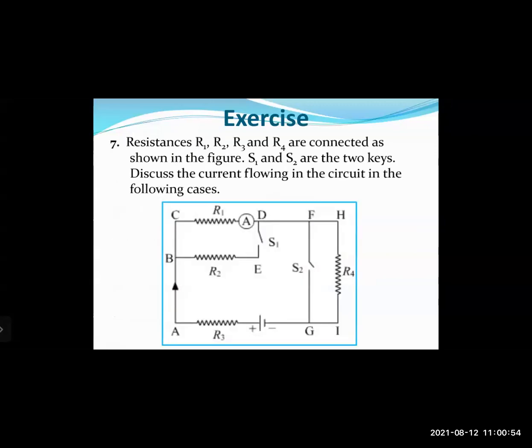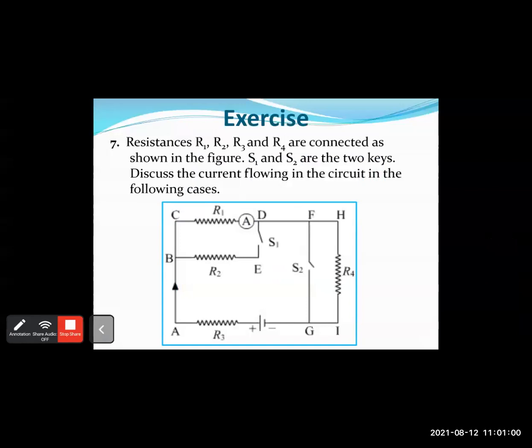Now, this is a very important question. Why? Because here we are going to come across a lot of circuit diagrams, right? So students, please concentrate on what we are doing here. Now, what do we have? Resistances R1, R2, R3, R4 and switches S1 and S2 in the circuit in the following cases.